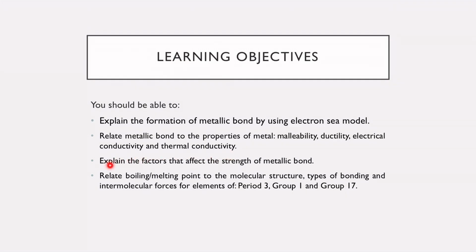Then we're going to explain the factors that affect the strength of metallic bond. And finally, relate boiling or melting point to the molecular structure, types of bonding, and intermolecular forces for elements of period 3, group 1, and group 17.